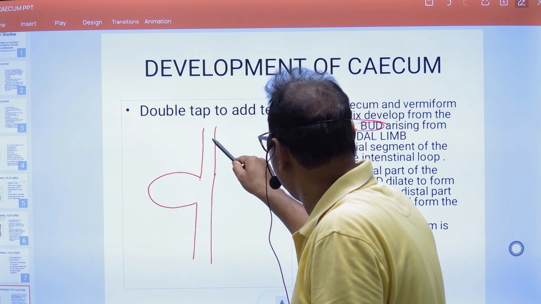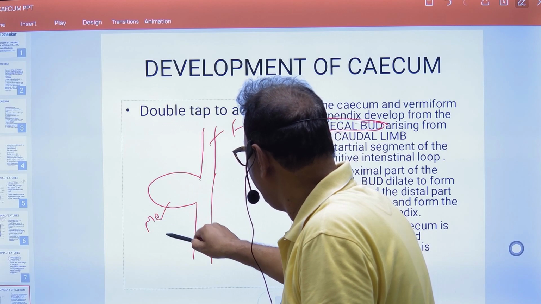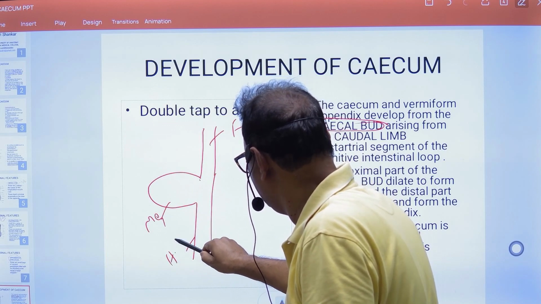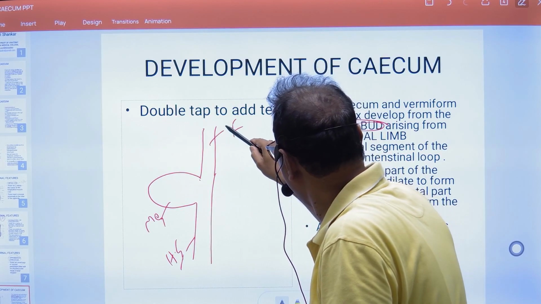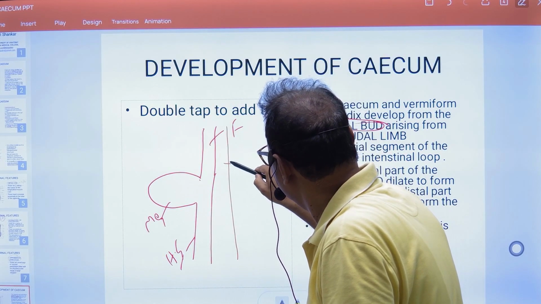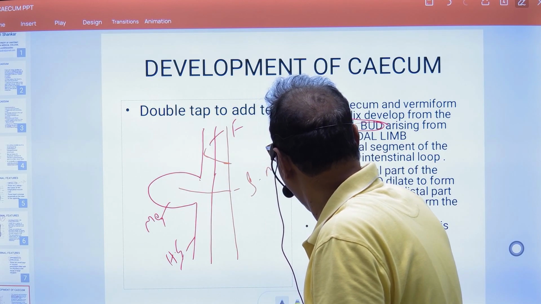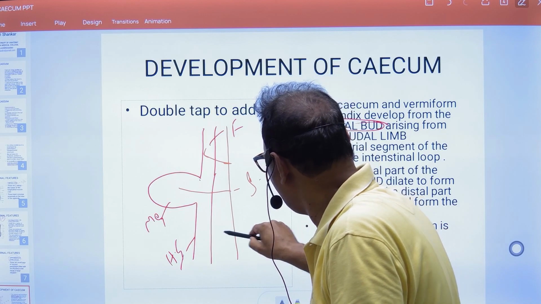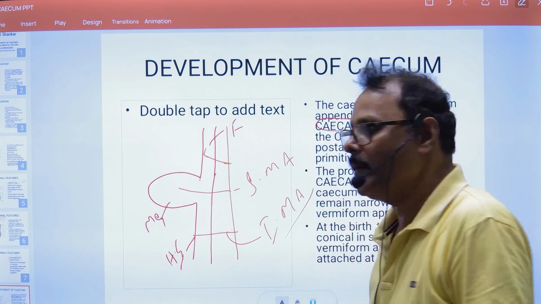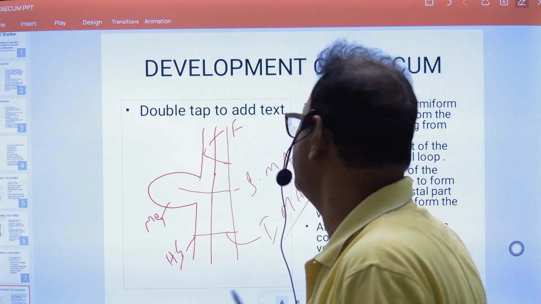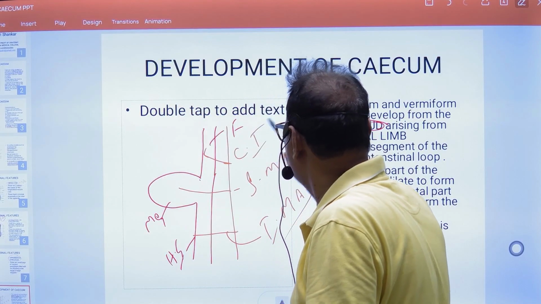We have arteries here: the celiac trunk for the foregut, the superior mesenteric artery for the midgut, and the inferior mesenteric artery for the hindgut.